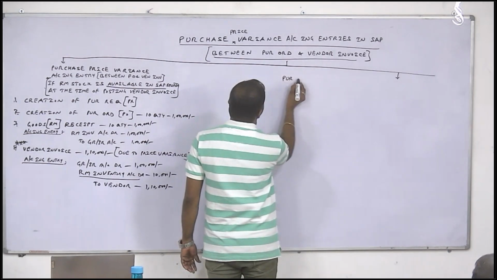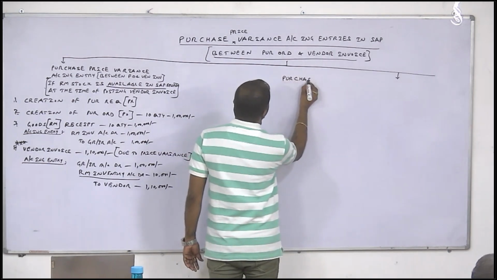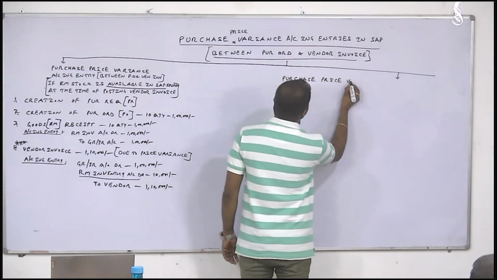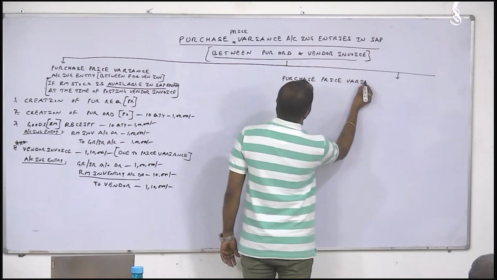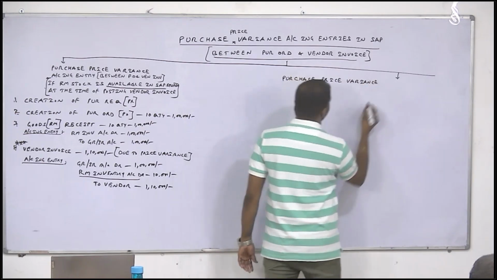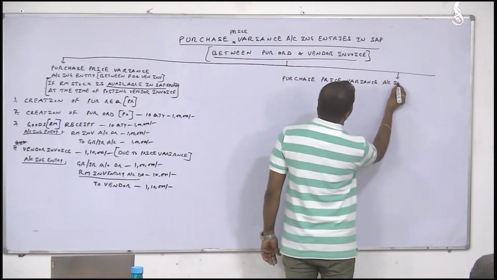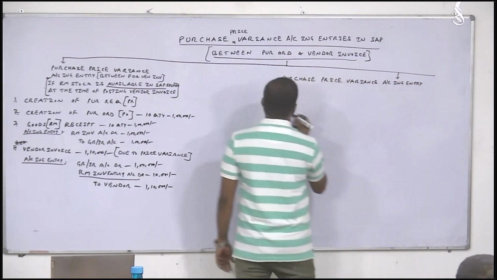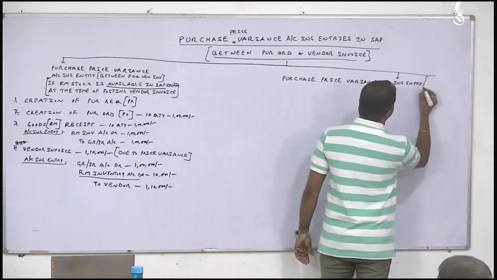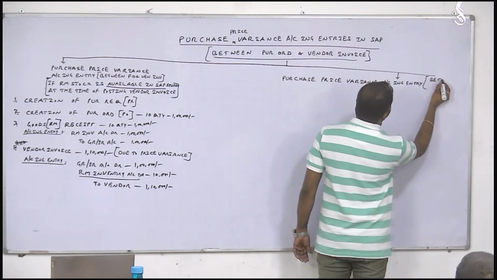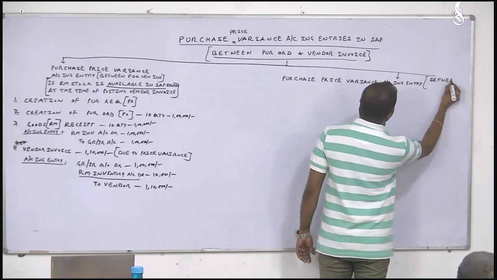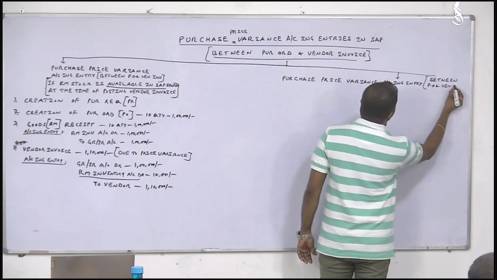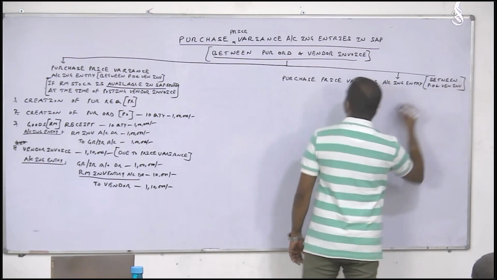Purchase price variance. Accounting between PO and vendor.